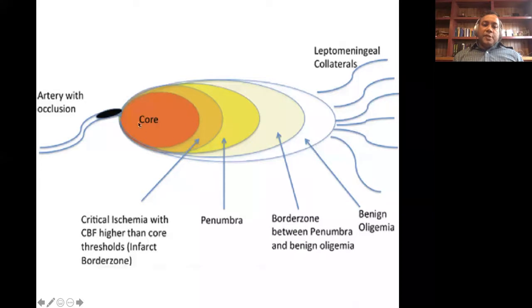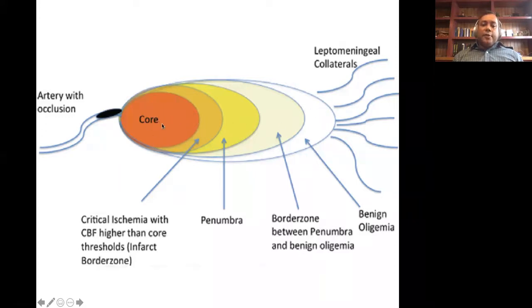Some of the ischemia is actually very severe, and this is what we call the core. But there are brain regions with less severe ischemia, but which cause dysfunction to the brain. This is penumbra. There is brain region with less flow, but the brain is still not dysfunctional. This is benign oligemia. And so these are the constructs that you'd see.